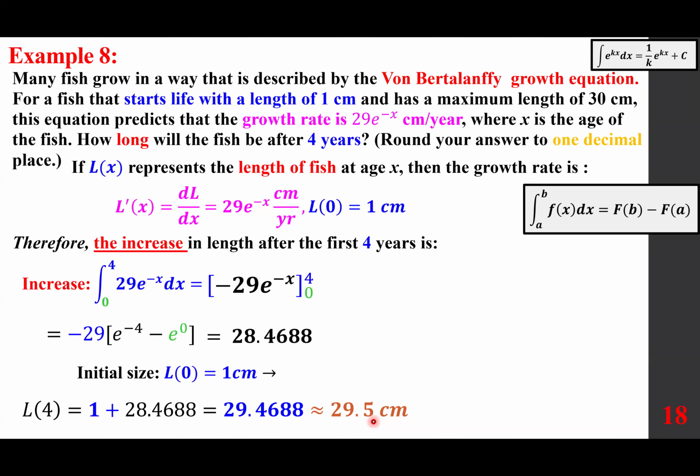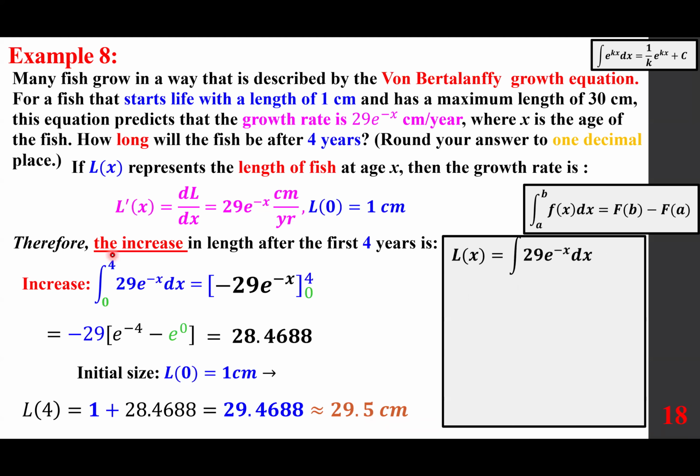That means if we find L of x in general, we want to integrate this without the limits. We already have the answer. We just add a constant. So this one, add a constant with this initial value. Remember, this is a general solution, everybody.